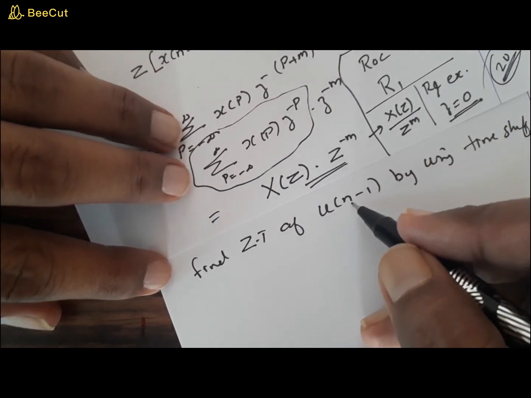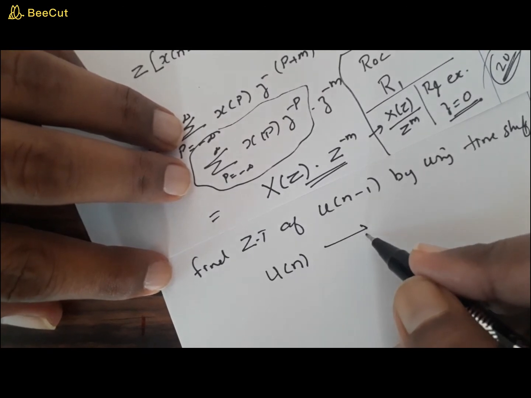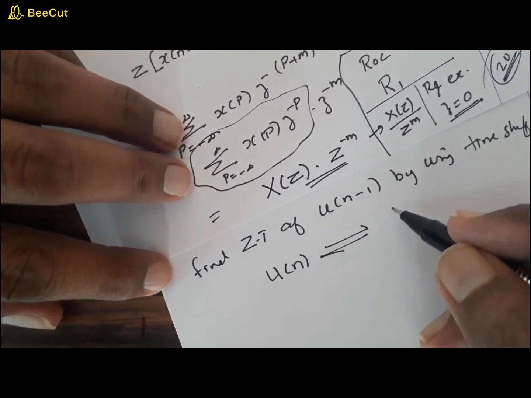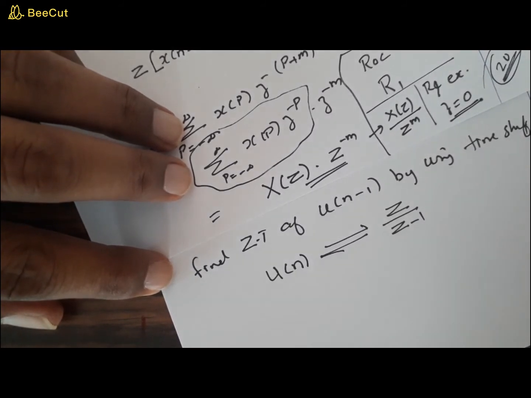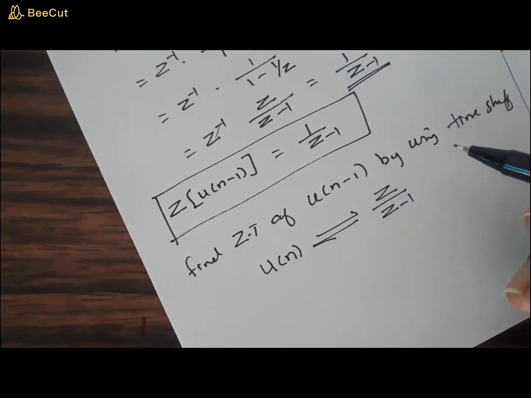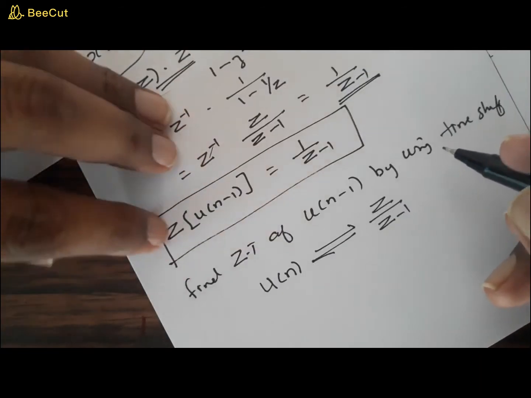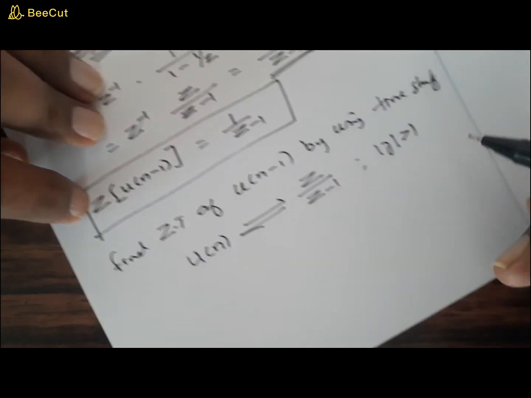The basic signal is u of n. We know that its z transform is z by z minus 1, which we have already derived in video number 18, and we have also found its ROC to be modulus z greater than 1, right?